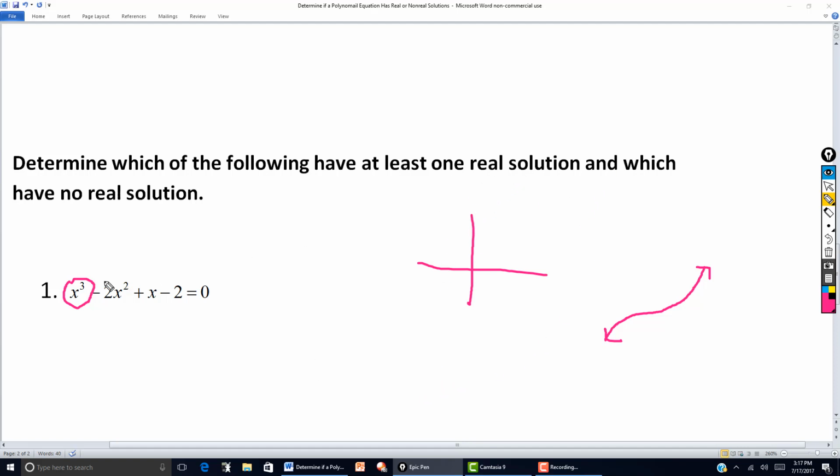Either way, it's going to cross the x-axis, and if it crosses the x-axis, it's going to have at least one real solution. And this one does. I'll give you what the solution is: x equals 2. So it has one real solution, and it actually has two imaginary solutions. Again, in this video I'm basically just showing you how to determine if it has one, not necessarily how to find it, because I do have some videos on that that you can look at. So this one, yes, does have one real solution.